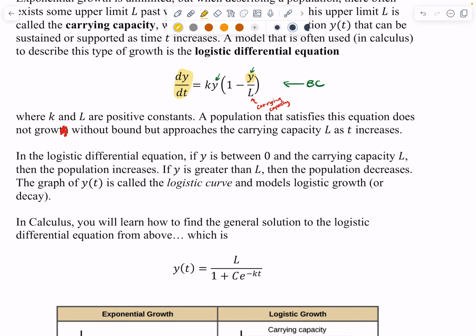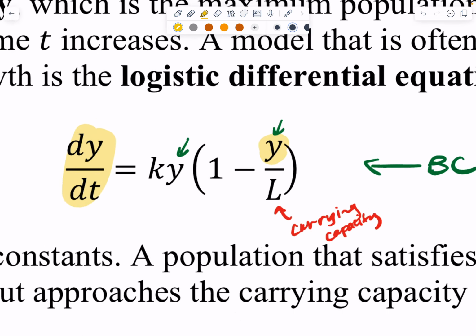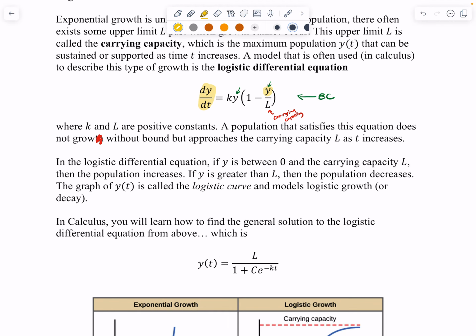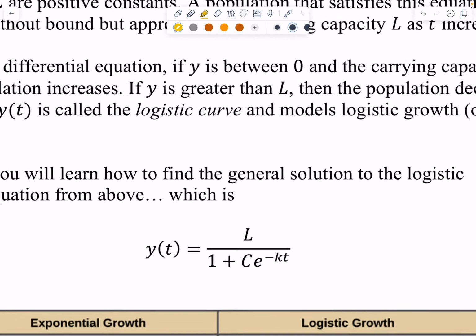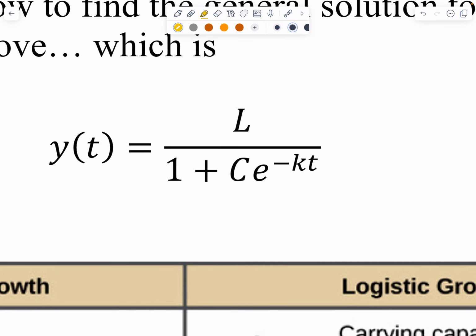In calculus, you'll learn how to find the general solution to this differential equation. We're not doing it here, but I'm telling you that general solution is this model, this equation. And this is something that I would provide you guys. And then you're going to be inputting values and solving for values in situations that can be modeled with logistic growth. So y of t represents the population.